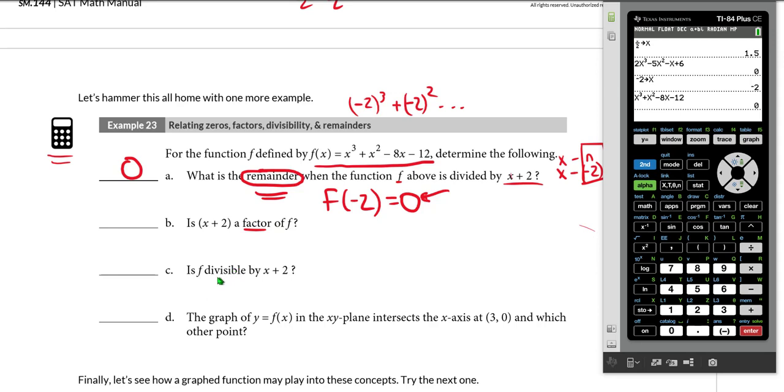Now, all of these other questions simply deal with the chain that we've been talking about over and over again. So we just found out that when f is divided by x plus 2, our remainder is 0. That means that x plus 2 is, yes, a factor of f.